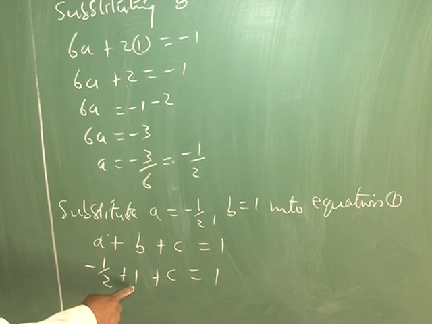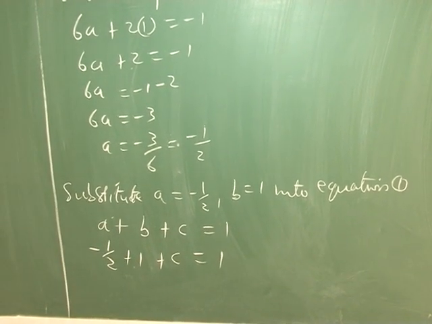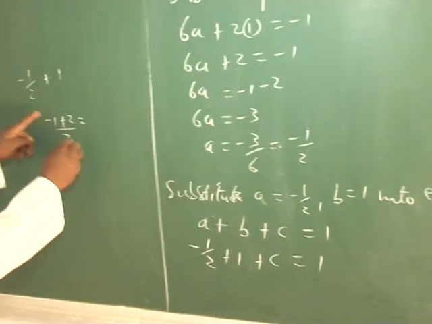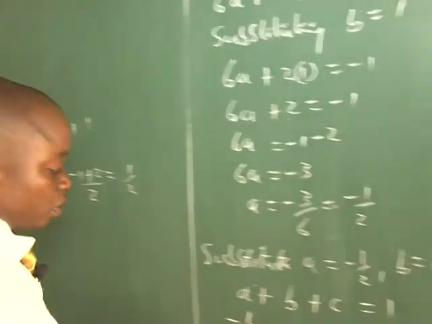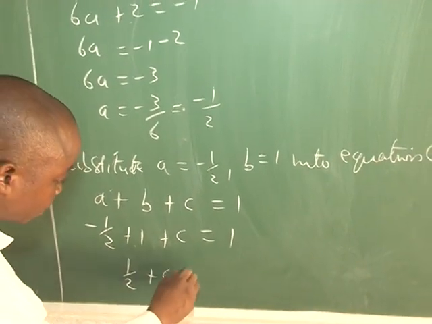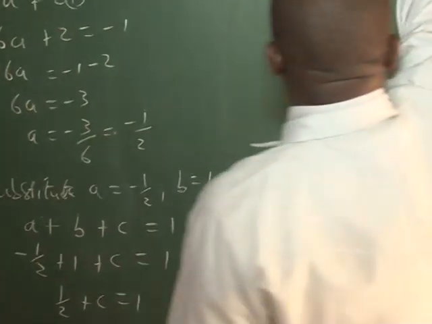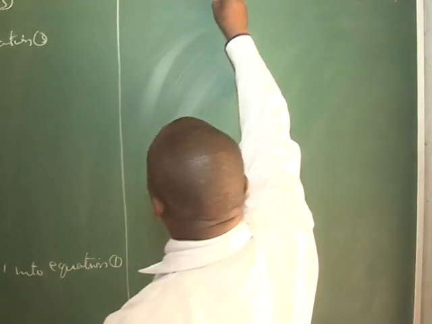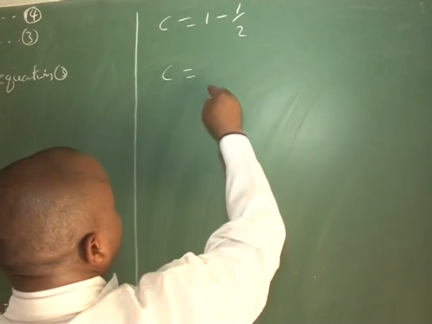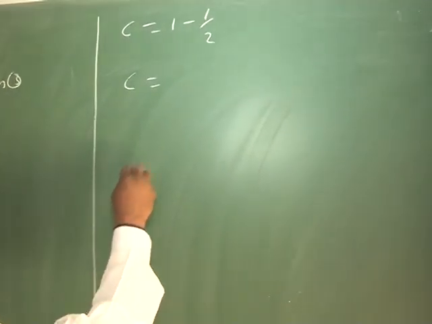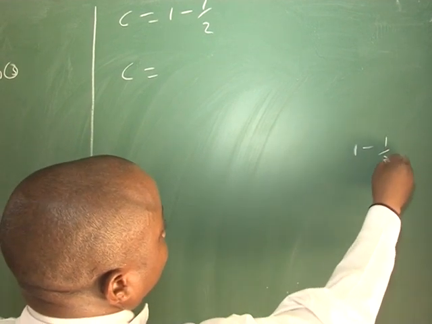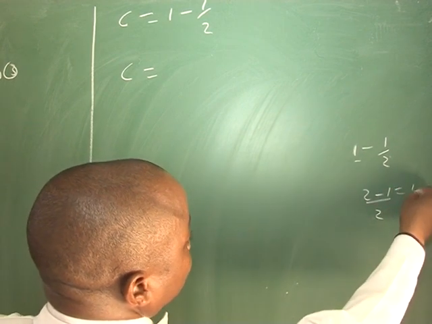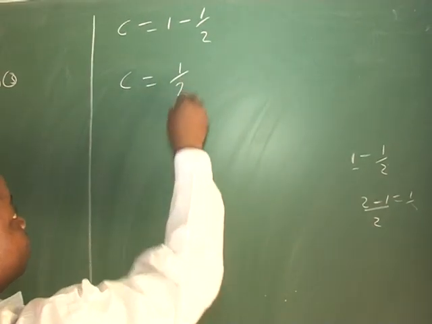And if we add this by taking LCM, that is minus 1 over 2 plus 1, we have minus 1 plus 2, which is 1 over 2. So the whole of this is 1 over 2 plus c equal 1. Then c will be equal 1 minus 1 over 2. Taking LCM, we have 2 minus 1, which is 1 over 2. So c is 1 over 2.